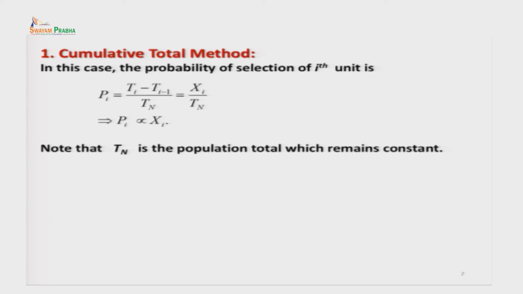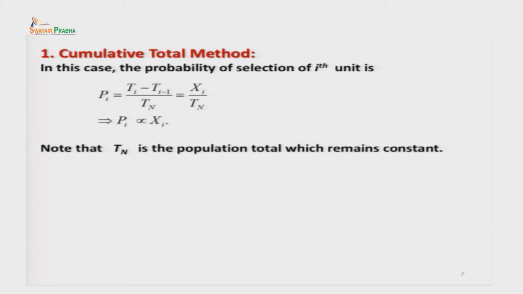The first question comes in any of these random selection procedures in this varying probability scheme. Suppose you have chosen r and then you have chosen xi.